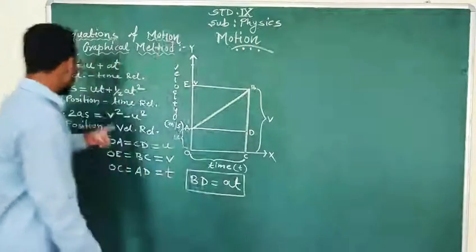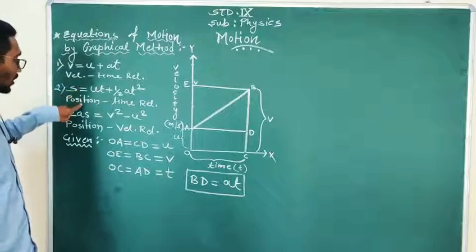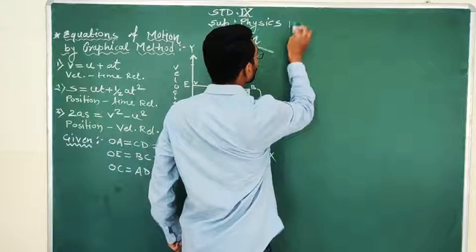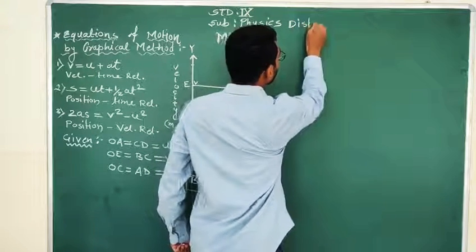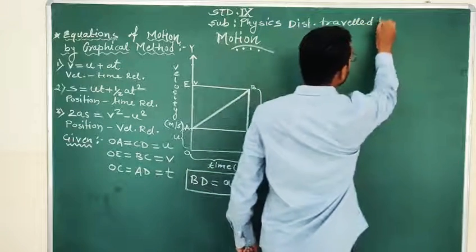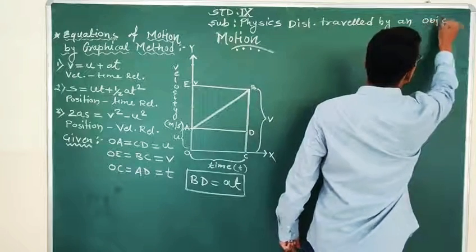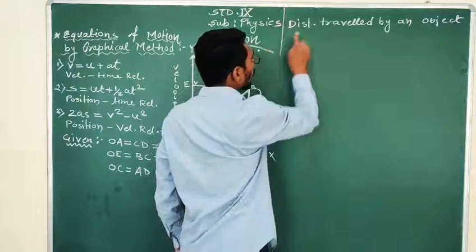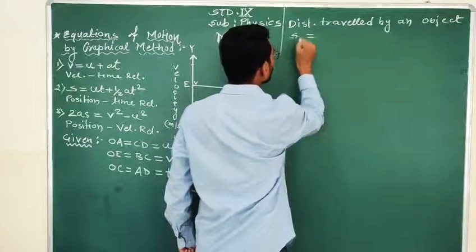So what to calculate? Distance. It is nothing but distance called as position. So here I am going to write down distance traveled by an object, small s is equals to.